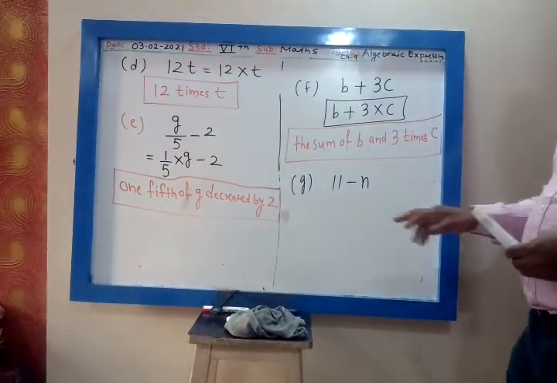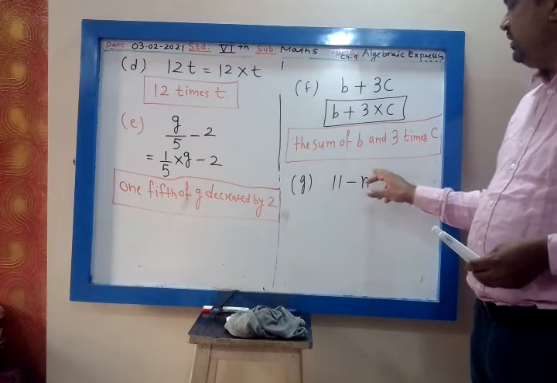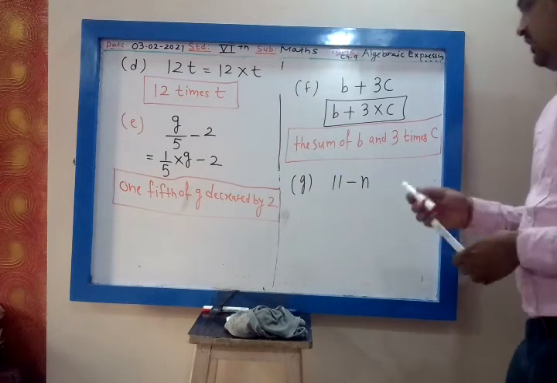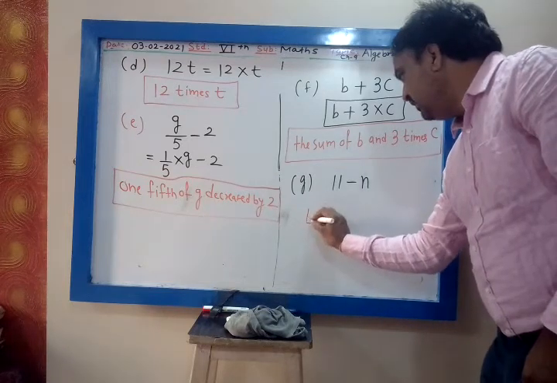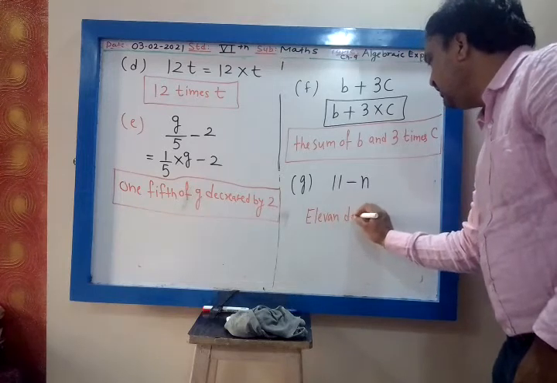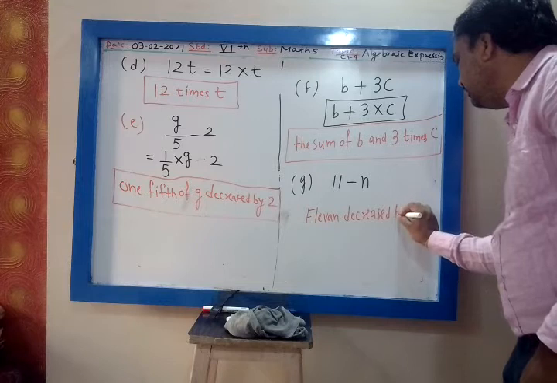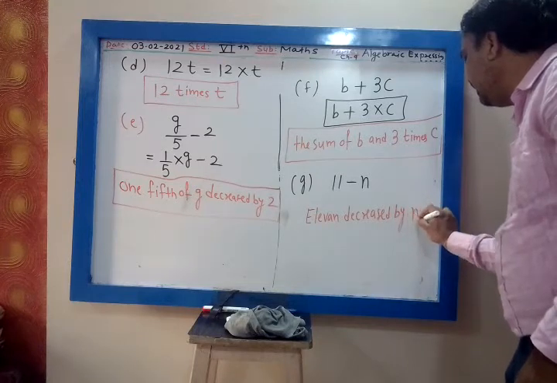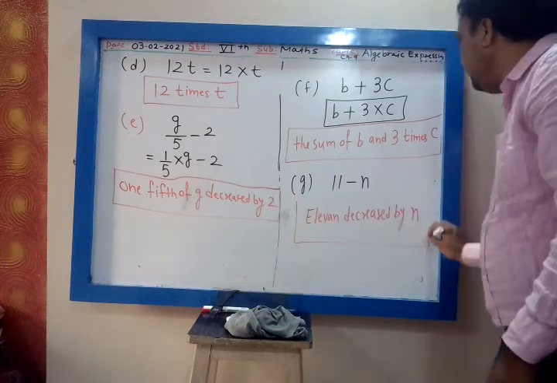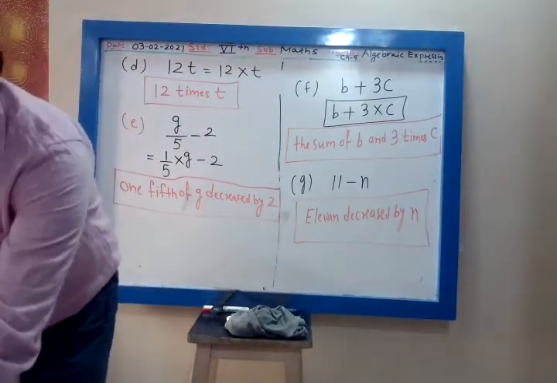So 11 decreased by how many numbers? n. So we write 11 decreased by n.